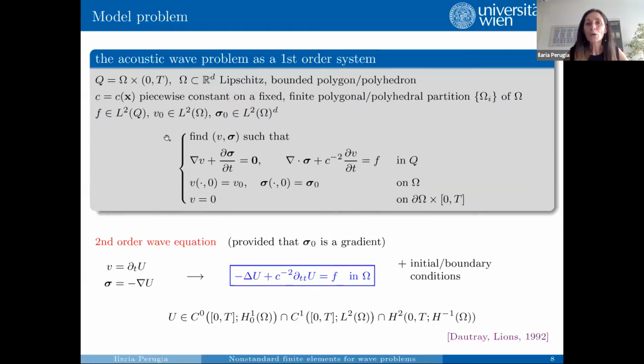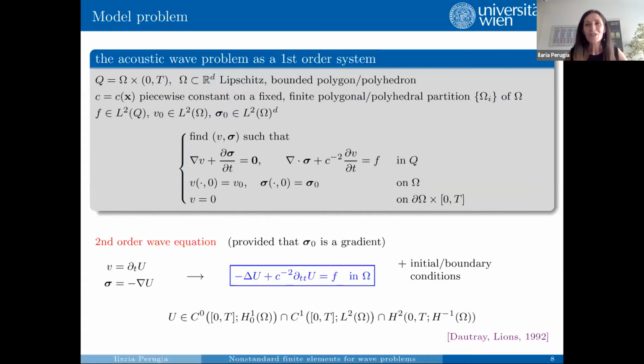And I write the problem as a first order system in two unknowns, a scalar valued unknown v and a vector valued unknown sigma. So these are my two first order equations, and then I have initial conditions, and for simplicity, I take zero Dirichlet boundary conditions.